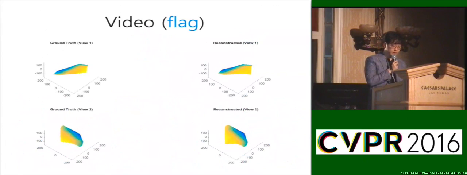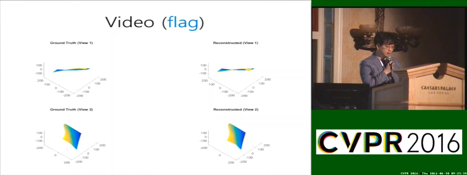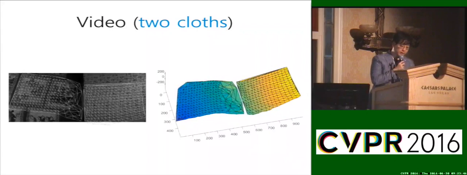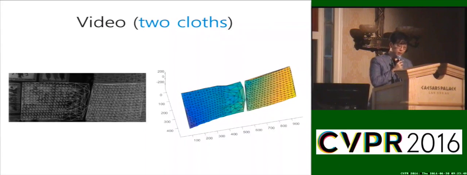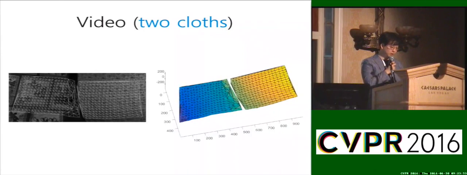Now I'll show you some videos. Left ones are the ground truth, and right ones are ours. We do not have any smoothness assumption. This one has two objects in the scene. White lines on the left. Two objects.